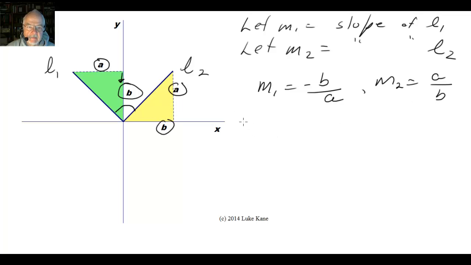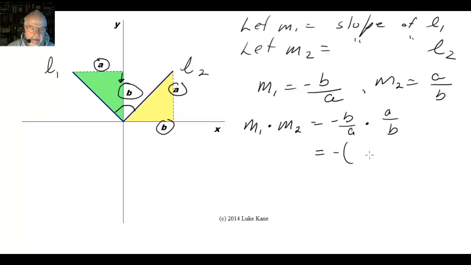Now let's multiply them together. Why not? Well, it turns out an interesting thing happens if we multiply them together. So M1 times M2 is the same as minus B over A, we're just substituting from above, times A over B. Oh, that looks interesting. Let's rearrange this right-hand side.